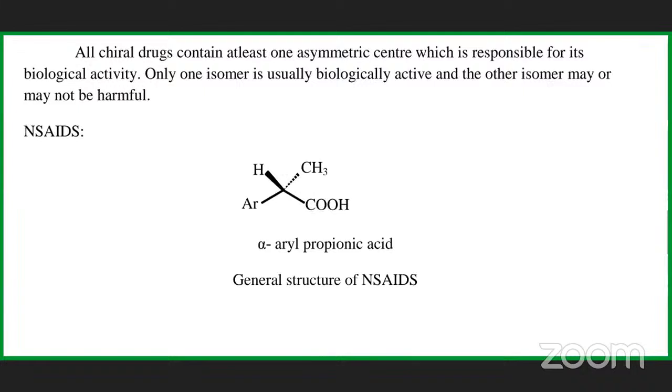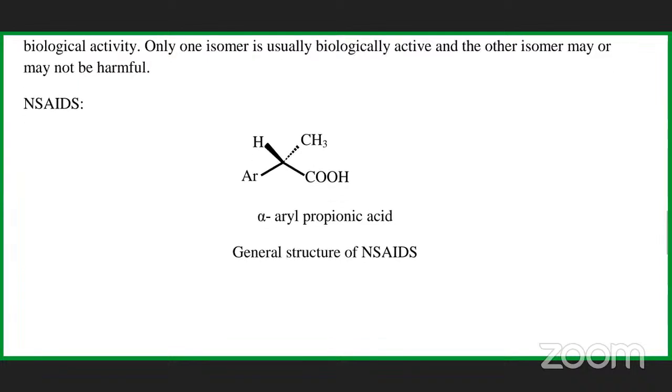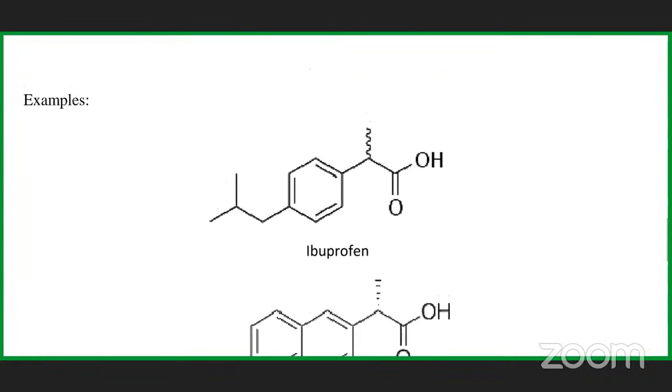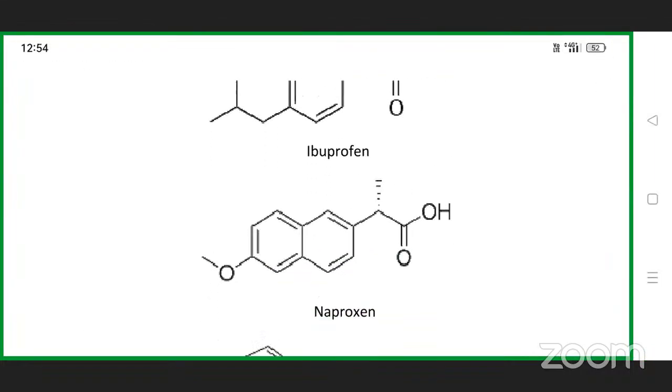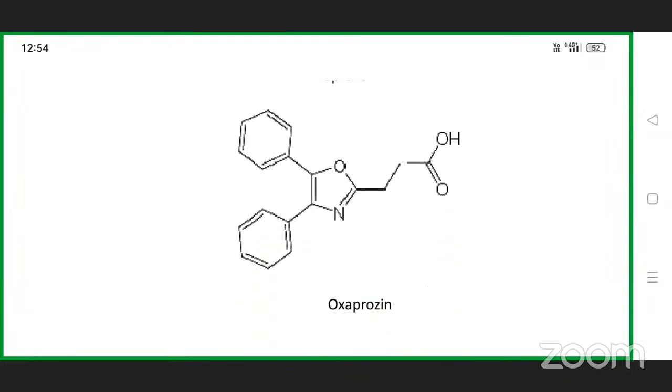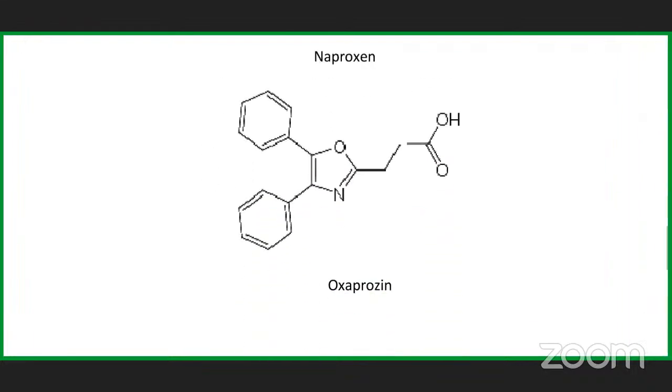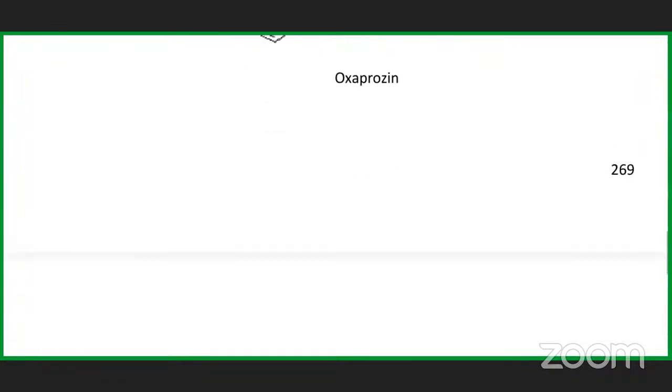There is alpha aryl propionic acid, which is a common structure of NSAIDs, and here are ibuprofen, naproxen and oxaprozin. All these are NSAIDs.